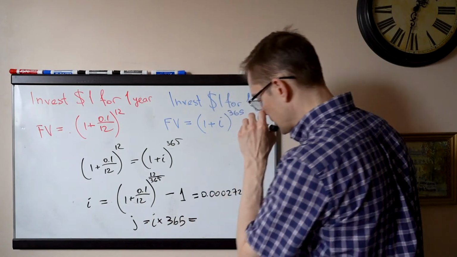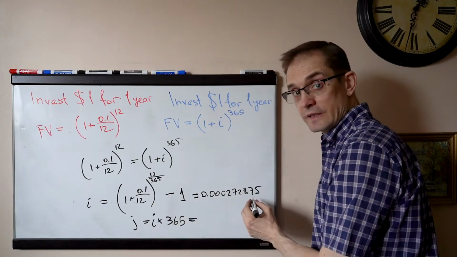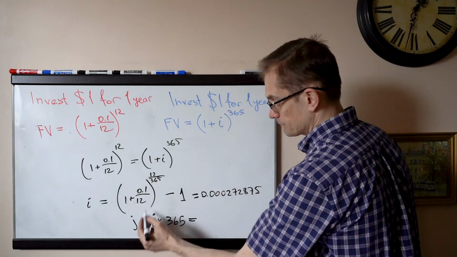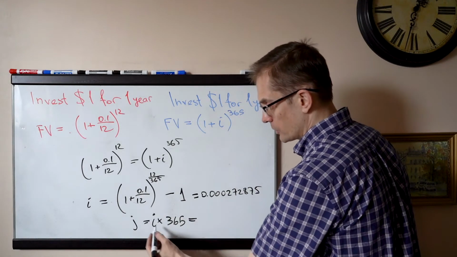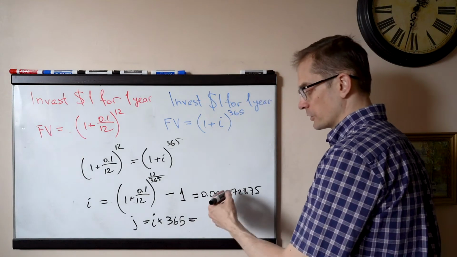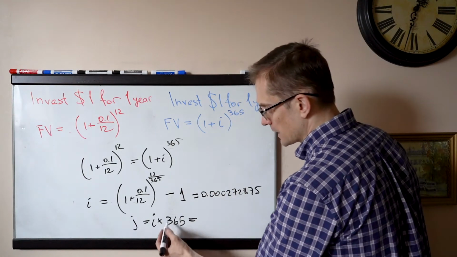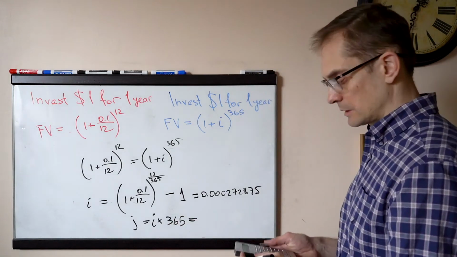Now once again I want to remind you that you always need to keep all decimals in place here, because the next step, which is finding J, will rely a lot on your precision, right? If you round it too abruptly, then this will be incorrect.